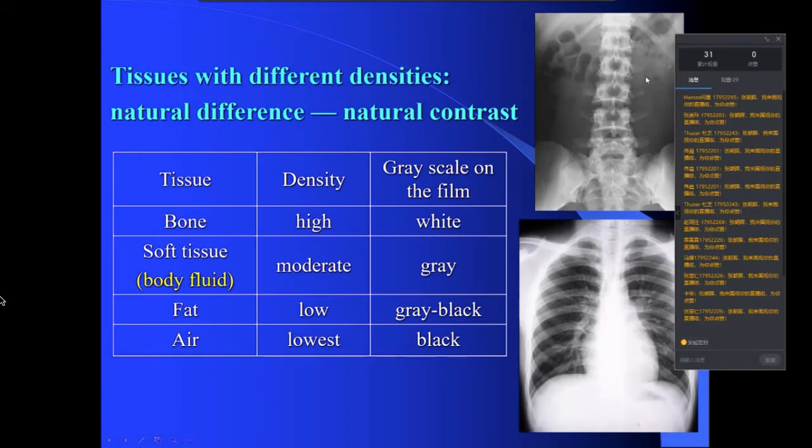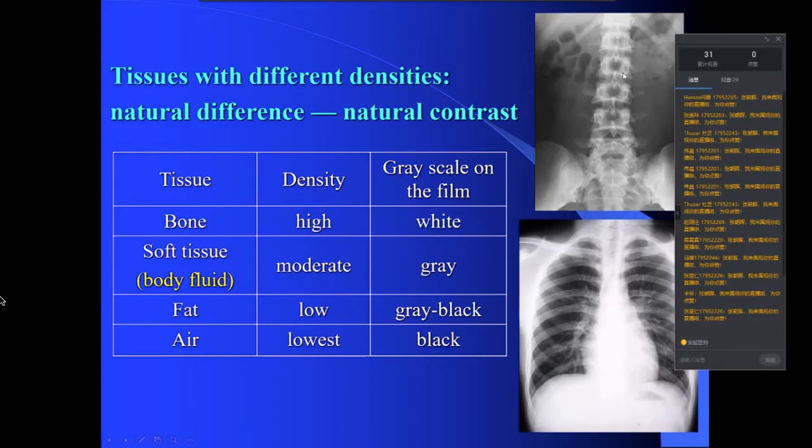Here, a psoas muscle. Do you know what this black area is? They are air within the intestines and stomach.